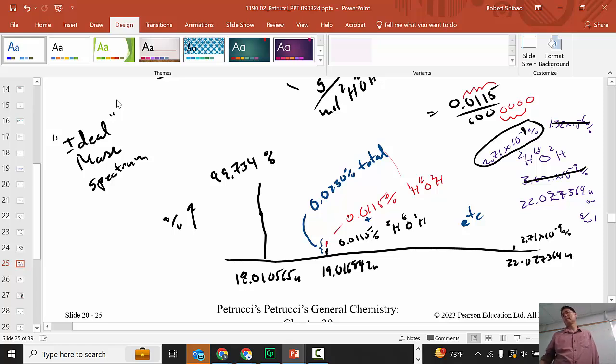And I guess it was easy to feed into the mass spectrometer. I don't know why they changed it. There just seems to be a trend towards measurement definitions based on physical constants. Oh yeah, I see what you're saying. For example, length, yeah, and mass.